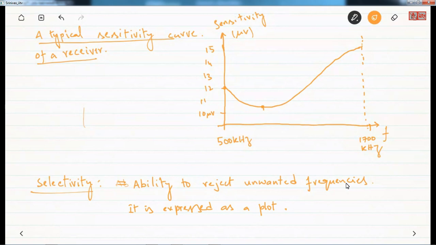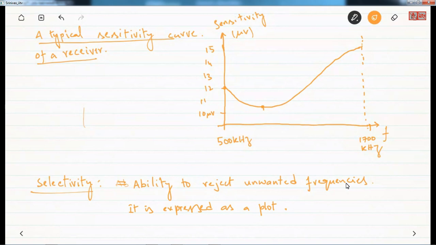Now vary the input frequency. Don't change the tuning of the receiver. The receiver is tuned to 700 kilohertz only, but you increase the input frequency from 700 to maybe 1600, and then decrease from 700 to maybe 500.